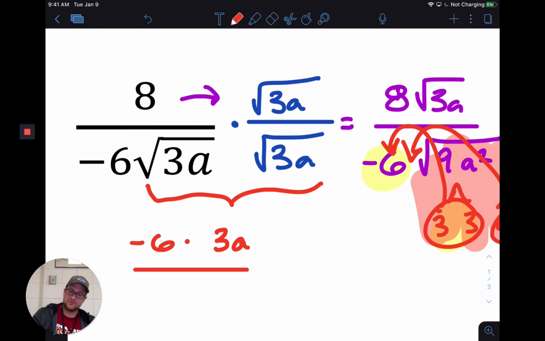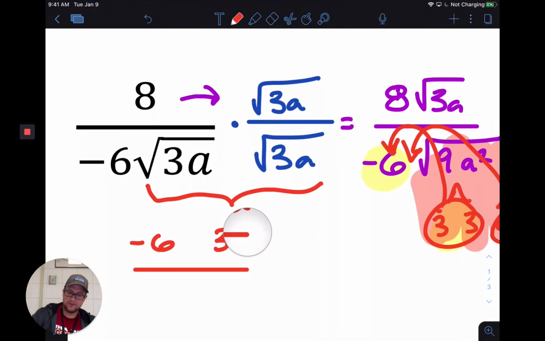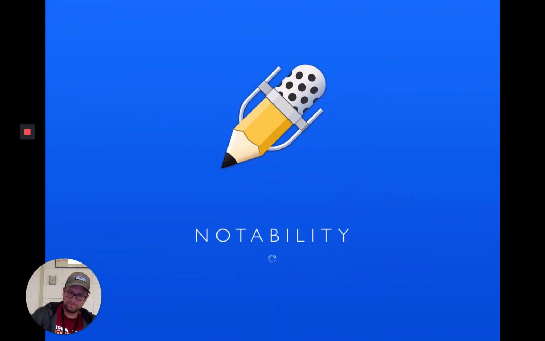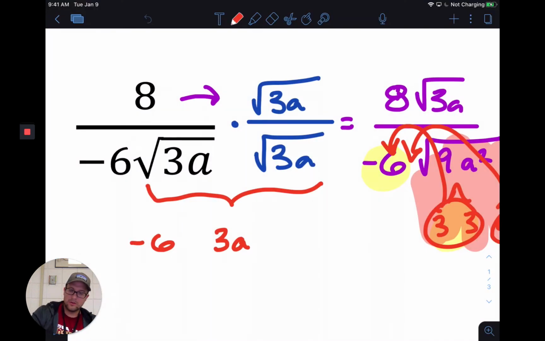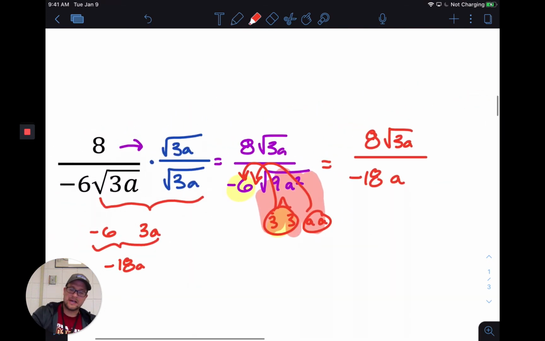Negative 6 times 3a is going to be, of course, a negative 18a, which is what we already saw in our denominator.